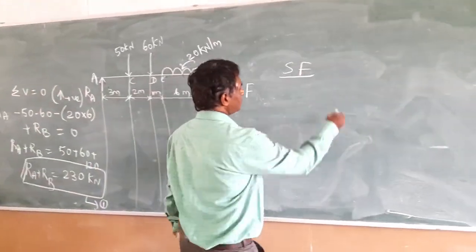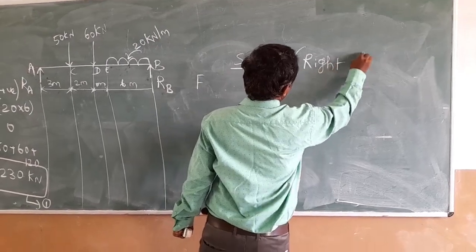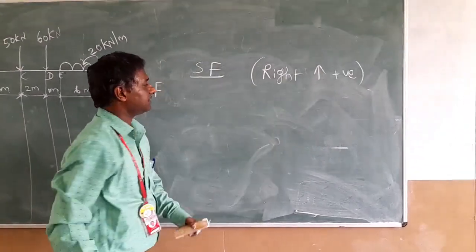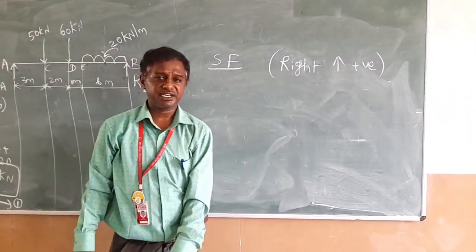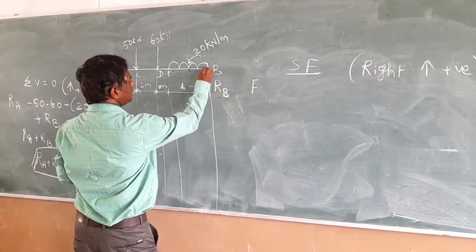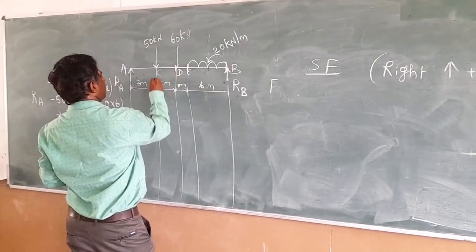I know the sign convention: right up is positive. Everything else is reversed, and it is negative. Next, first I am considering the reference points.